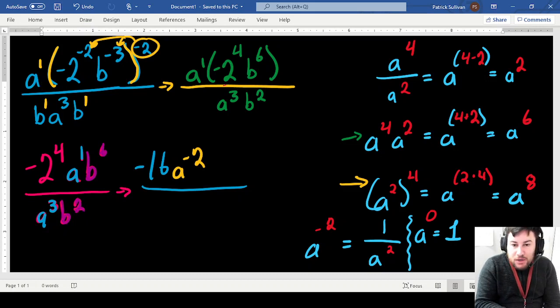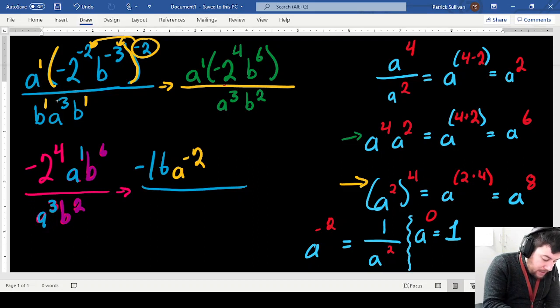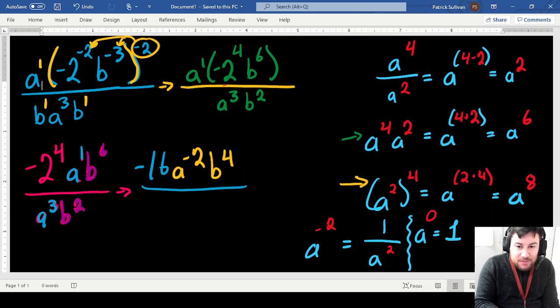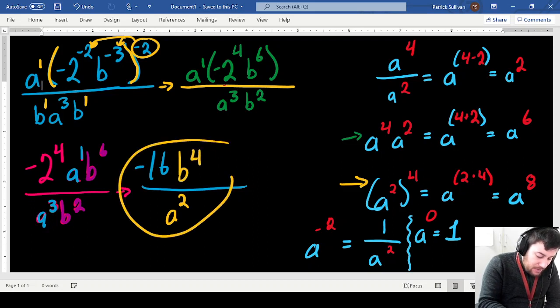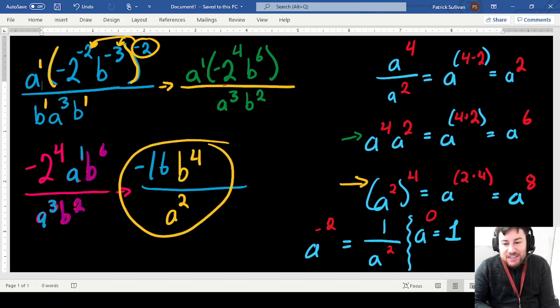Again, quotient rule, 6 minus 2, which leaves us with b to the fourth. My final step to simplify: I can't have a negative exponent, so I'm going to take my a squared and put it in the denominator. So my final answer is -16 times b to the fourth all over a squared.